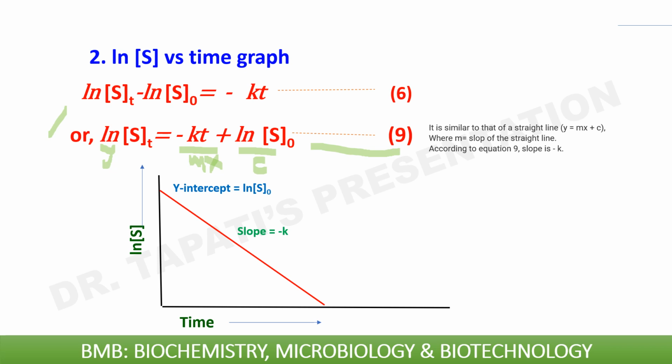where m is slope of the straight line. In this case, slope of the straight line is minus k. According to equation 9, y-intercept, that is c, is ln S0. This is the point.